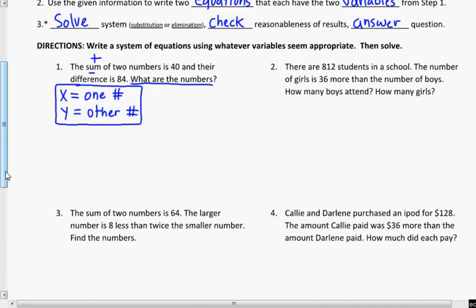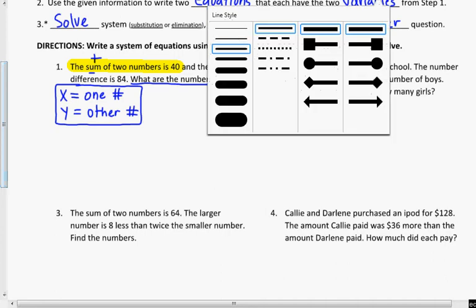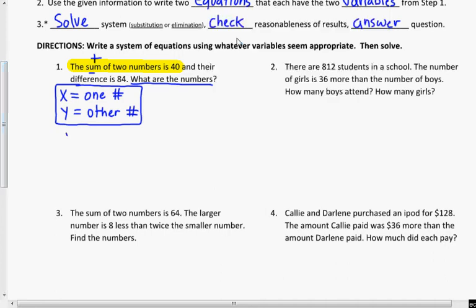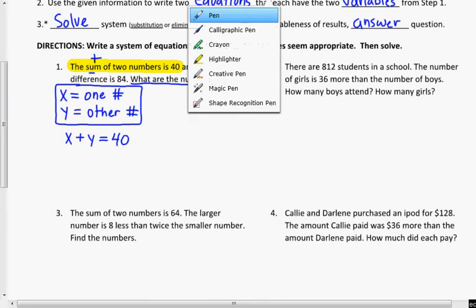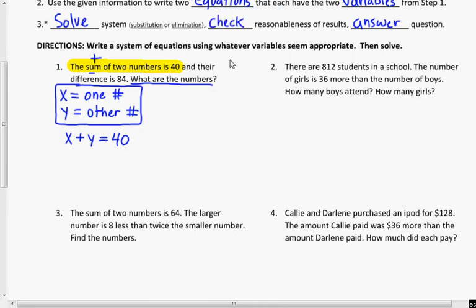Well, the first part of the sentence says that the sum of two numbers is 40. So I'm going to take that and write the equation x plus y equals 40. The other half of the sentence says that their difference is 84.